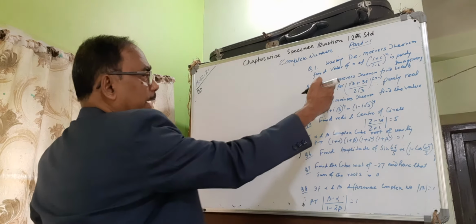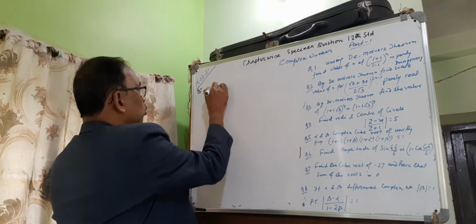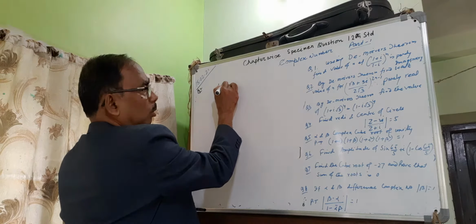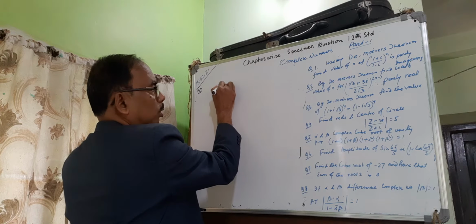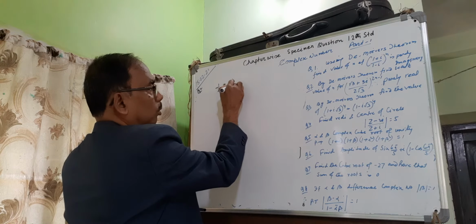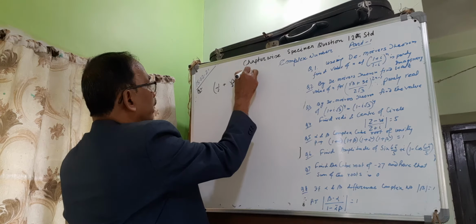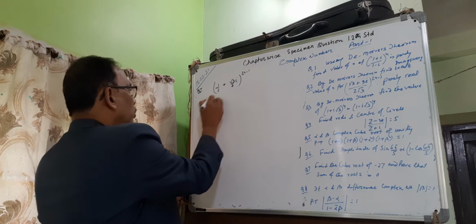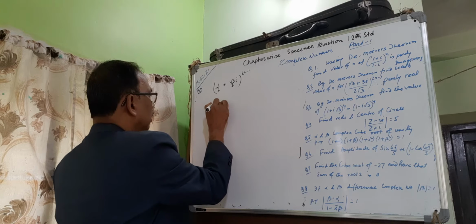Here we can divide this by this, split up. This by this is 1 by root 2 times 1 by root 2, that is 1 by 2, plus root 3 by 2 i, whole to the power 2n minus 1. Now using De Moivre's theorem, cos 60 is half.